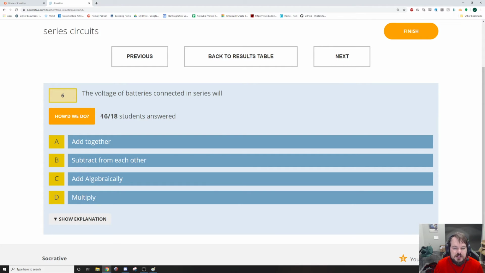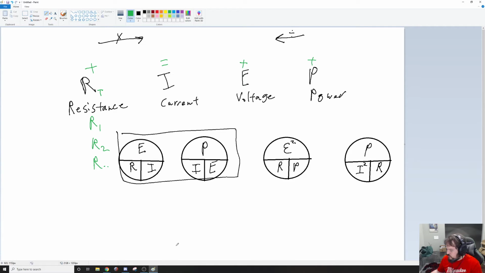The voltage of batteries connected in series will add. So voltages add algebraically. That means, in this case, if you had a bunch of batteries, and I'm going to do more of a pictorial diagram.